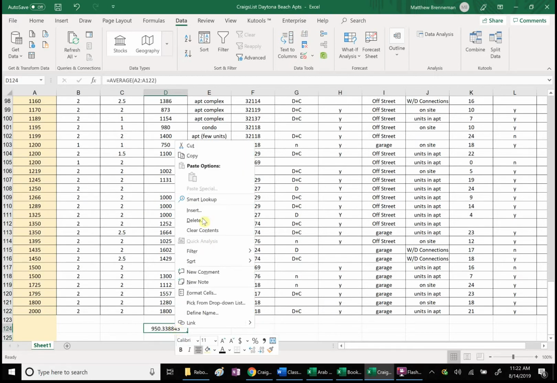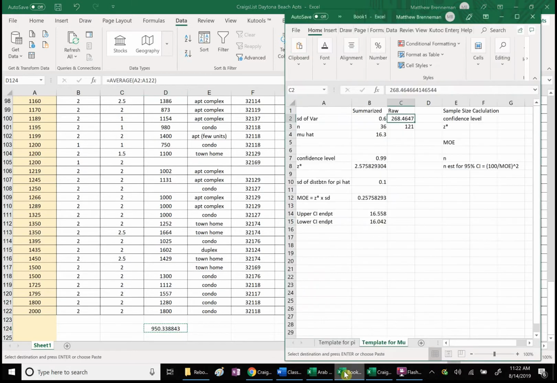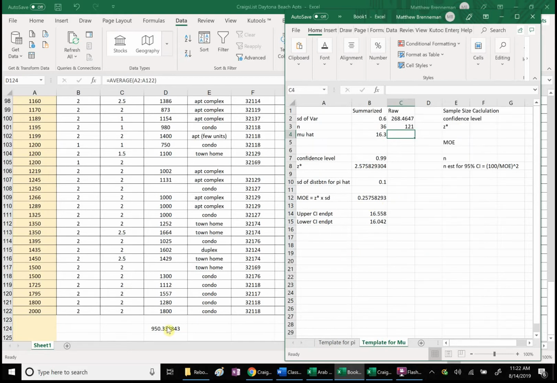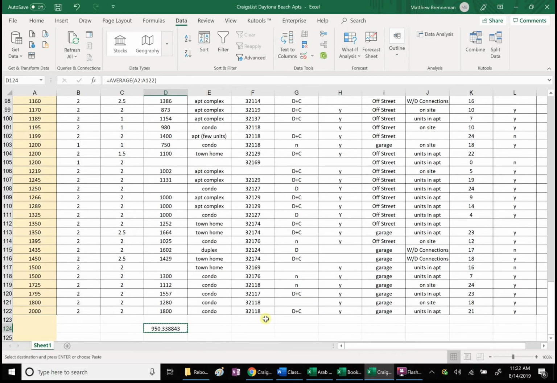Again, I'll just copy and paste that. Again, that seems reasonable, right? So we'll go ahead and paste that. And I did the wrong thing, right? I didn't paste as values, because I got distracted by the phone. Okay, so let me do it again. Copy it and paste.